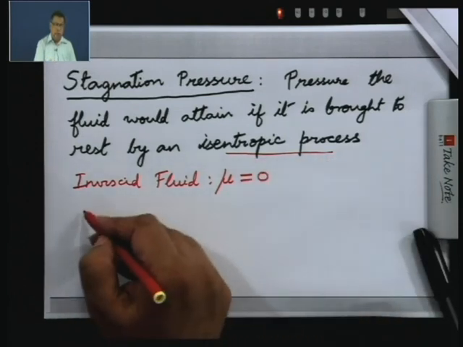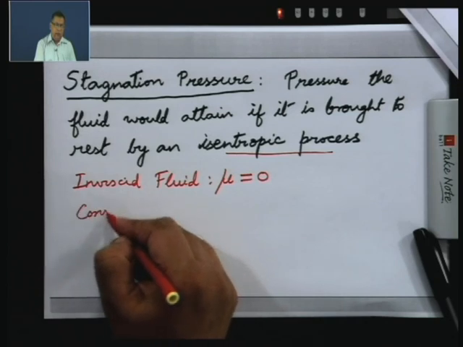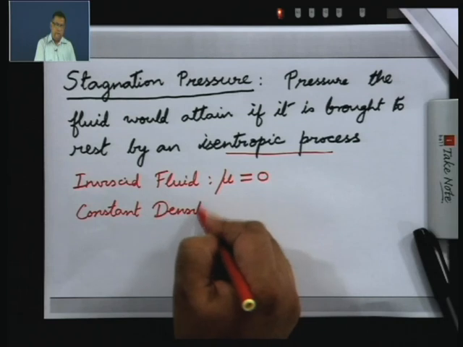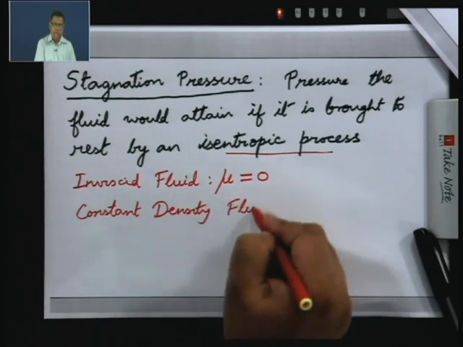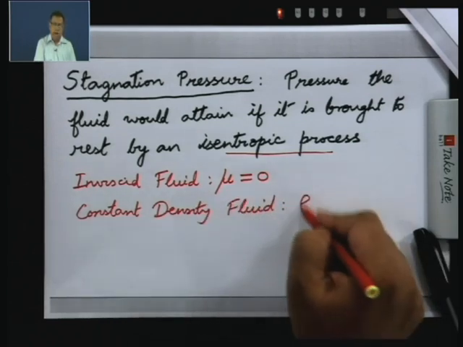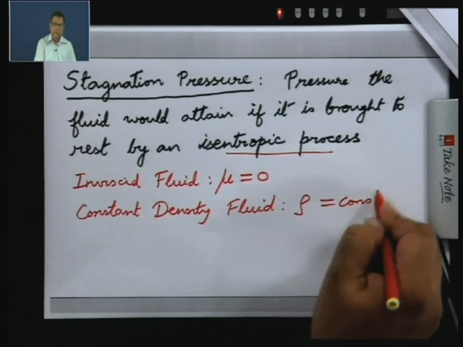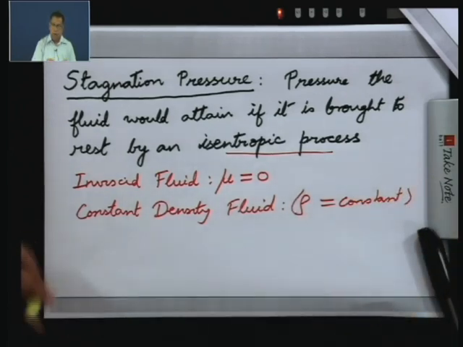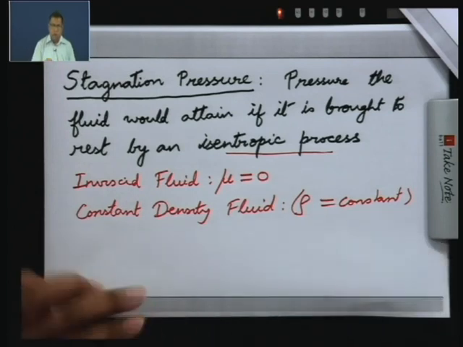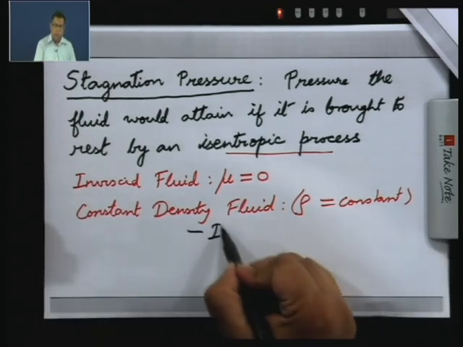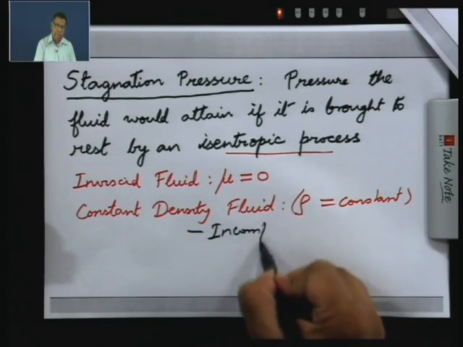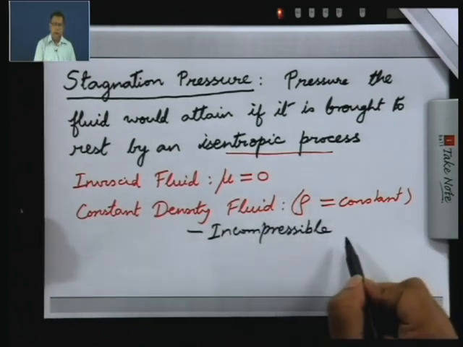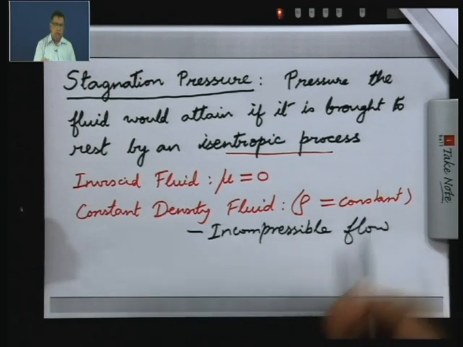And if you say it is a constant density fluid, that is, rho is constant, so this is an example of an incompressible fluid, or if you neglect density changes, sometimes you can also call it an incompressible flow.